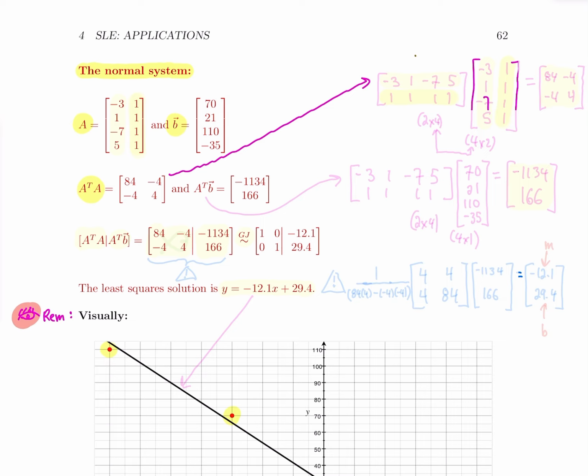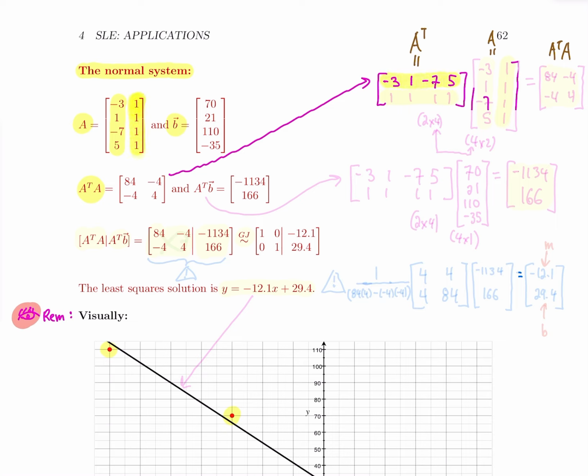So remember, A transpose is simply going to be, if I transpose here, A, my first column will become my first row. So you get minus 3, 1, minus 7, and 5. So first column becomes the first row.